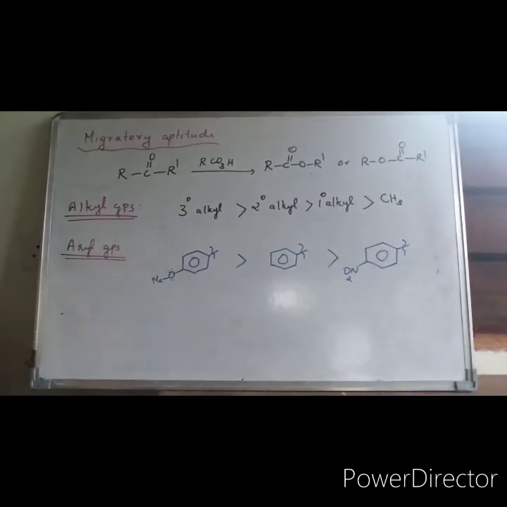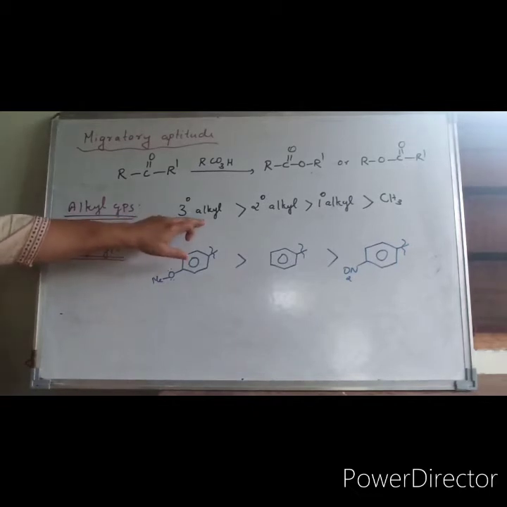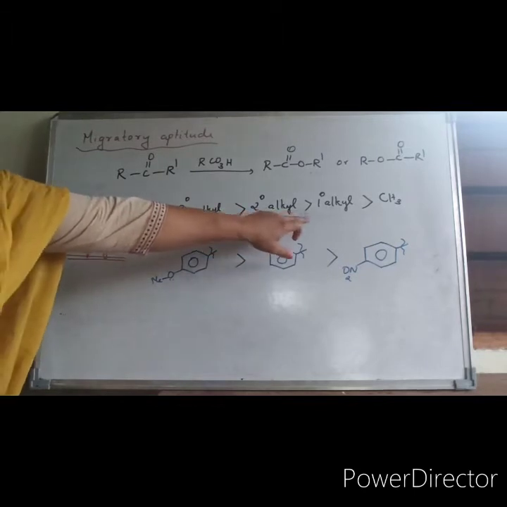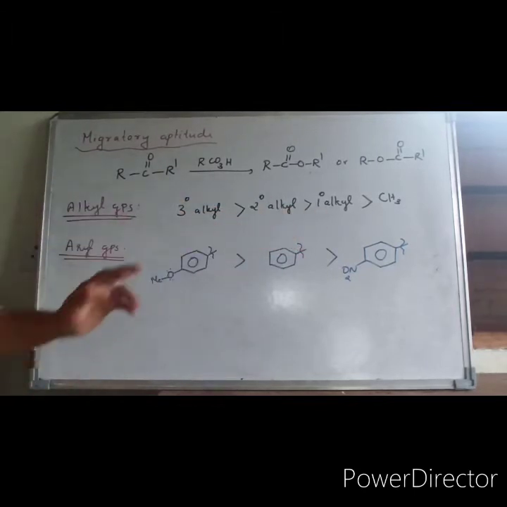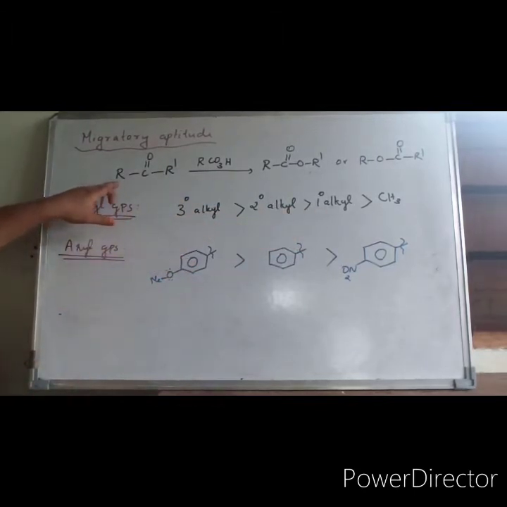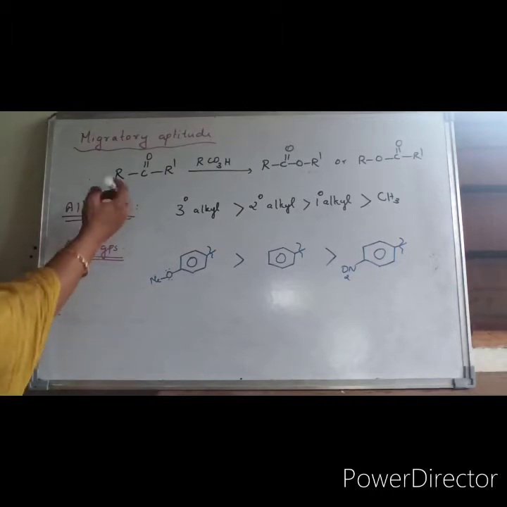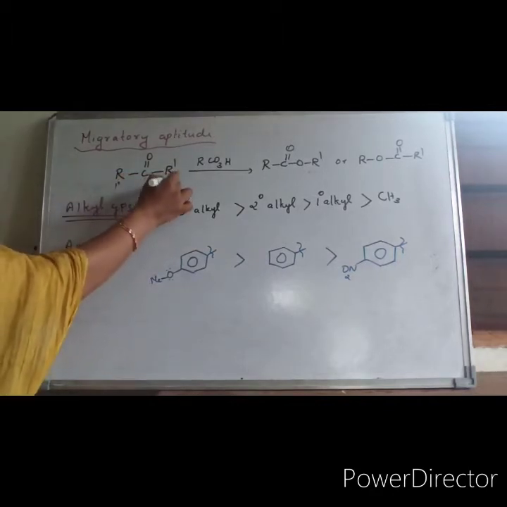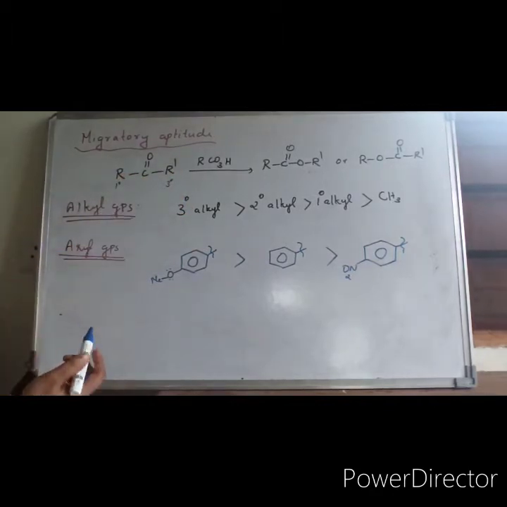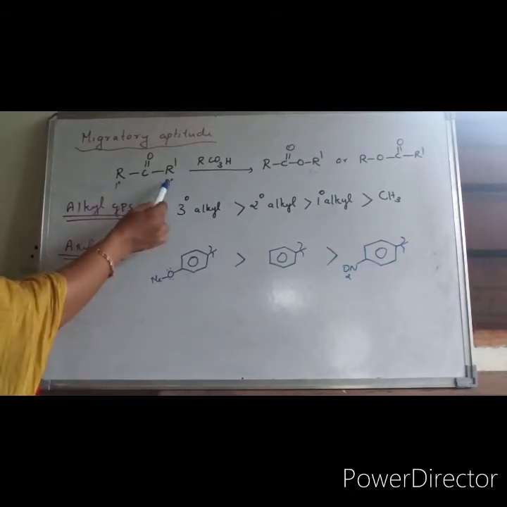If you are looking into the different alkyl groups, you can see that the tertiary alkyl group is having greater migratory aptitude, then comes secondary, then primary, then comes methyl groups. So that means if you have a primary alkyl group over here and a tertiary alkyl group here, the product we will be getting is after the migration of the tertiary alkyl group.